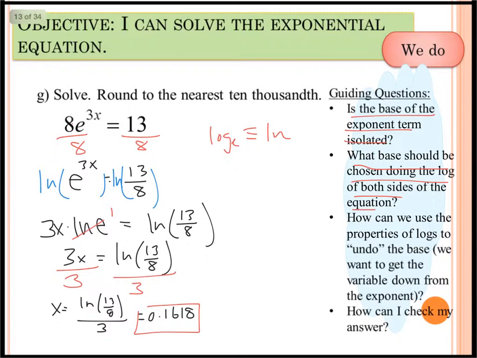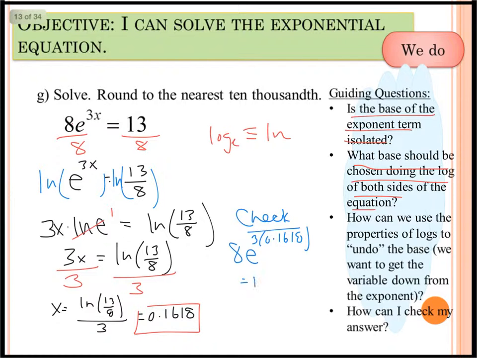And the last thing I want to do is check my answer. So I'm going to plug that into my original, so 8 base e, 3 times 0.1618, and I want to ideally get something that looks like 13 or is very, very close to it. And I did get something very, very close to it.